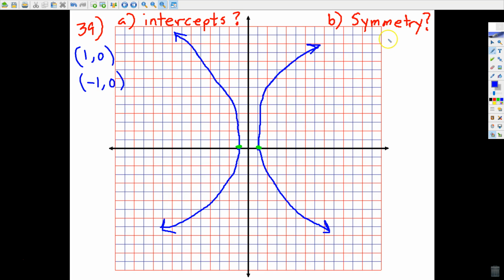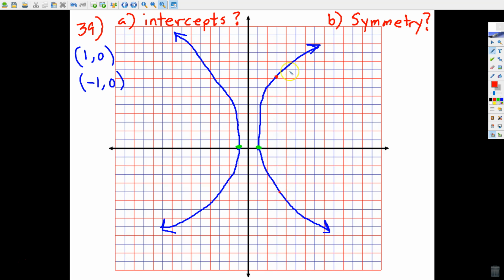Now let's think about symmetry. And we're just going to go down the list. We'll start with x-axis symmetry. If there is x-axis symmetry, remember there is a point. If I just make a point here in red, then there is a corresponding point that matches up with it. Now, I'm not exact like the book will be, but just pretend like there should be a matching point down here in quadrant 4, and the only difference would be that the y-coordinate is the opposite.